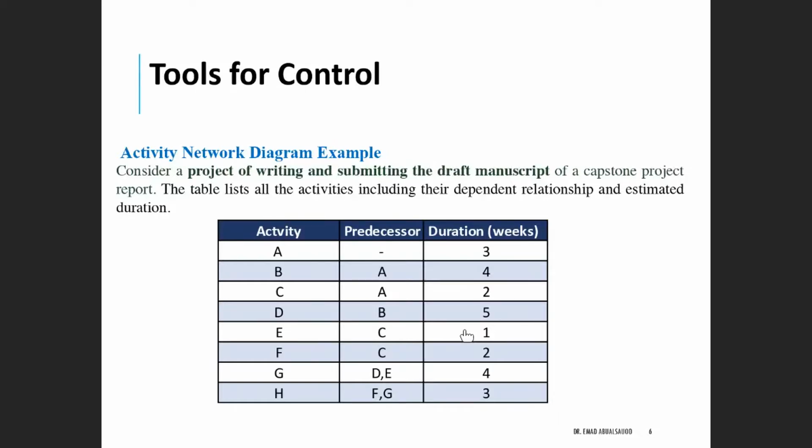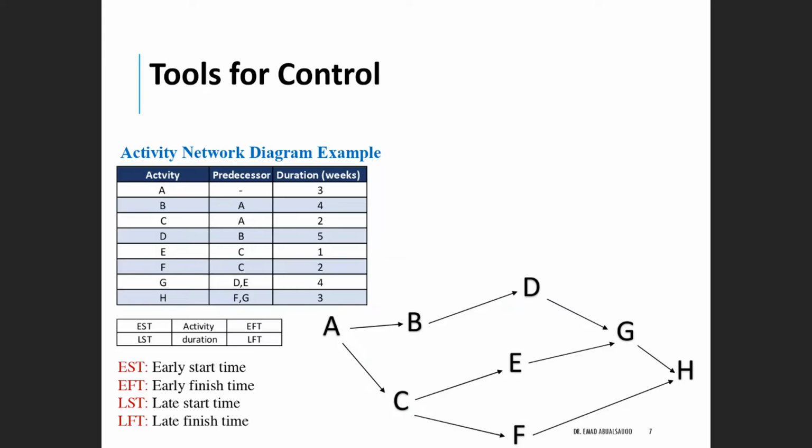The activity network diagram is very simple, but it follows certain steps, and we will explain those steps in the coming slides. So please pay attention, have your pencil and your calculator and a blank sheet so you can follow and draw along with me in terms of the calculation and the drawing.